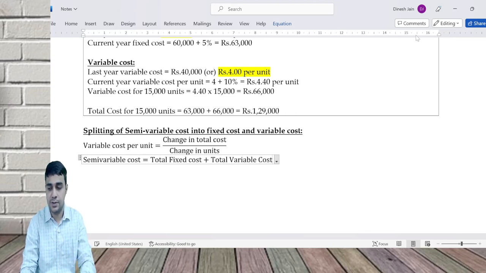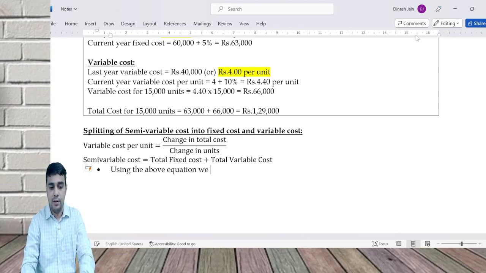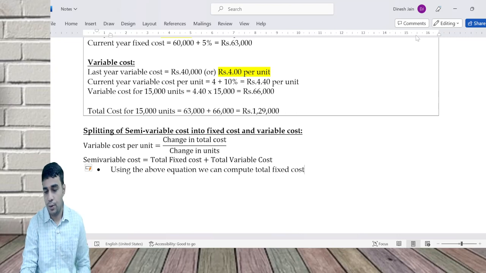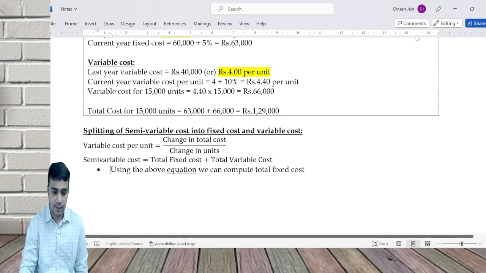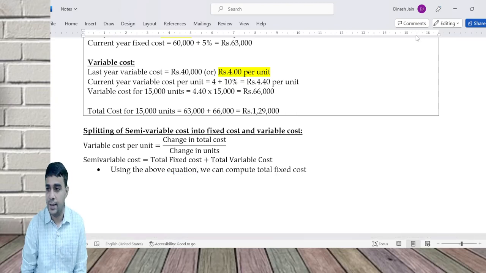Using the above equation, we can compute total fixed cost. I'll first give an example, there only you will understand it. As of now, things will not be clear.